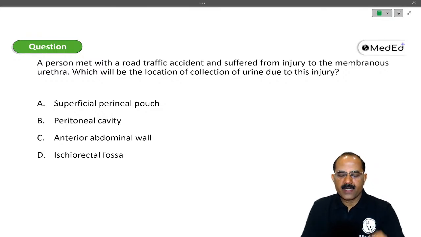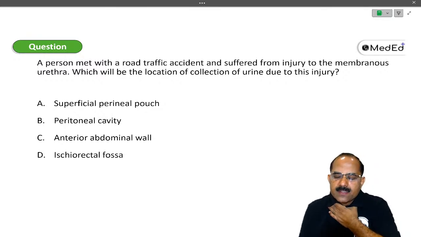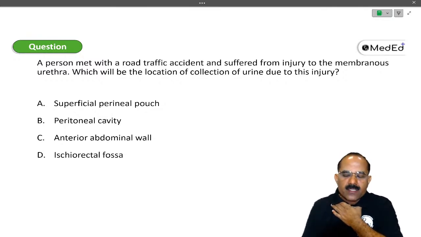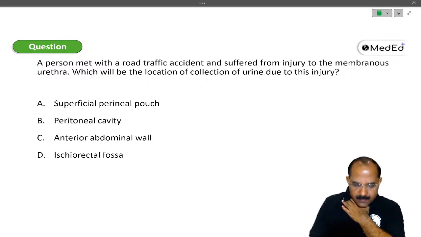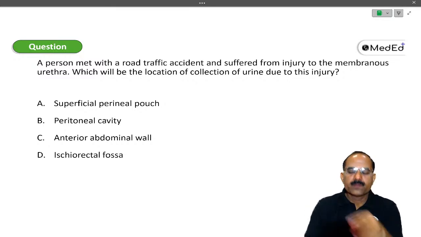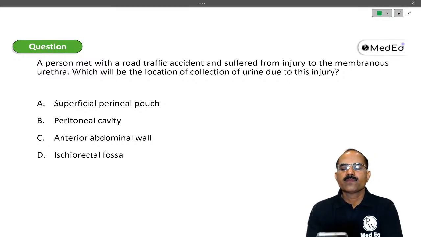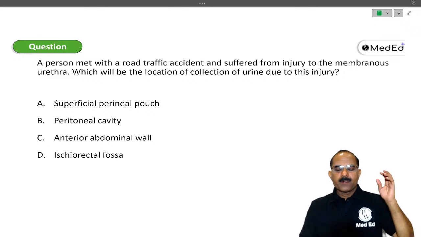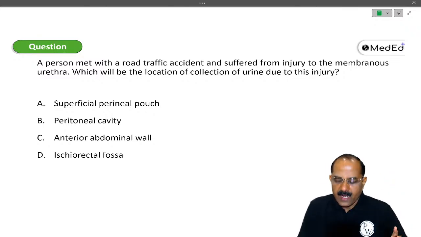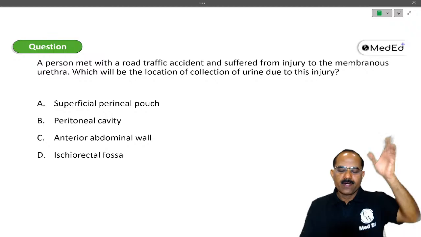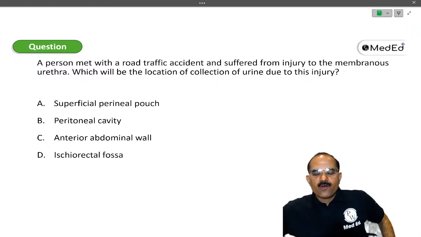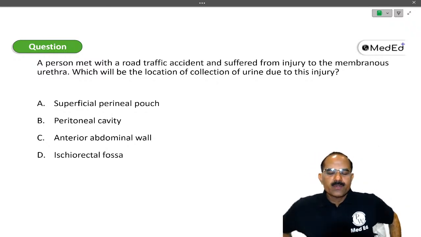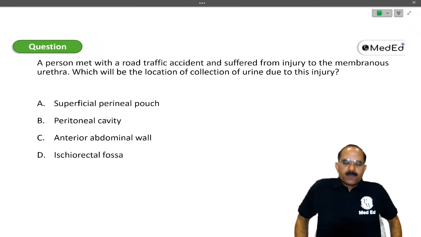A person met with a road traffic accident and suffered from injury to the membranous urethra. Okay, fine. Which will be the location of collection of urine due to this injury? Answer this.